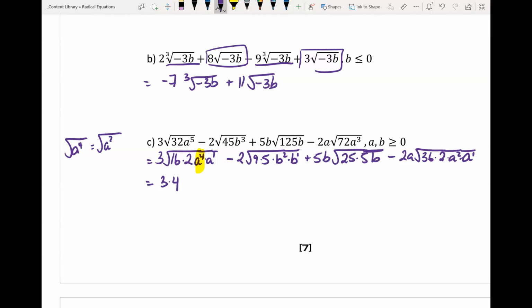And I can rewrite this as a squared times a squared as well, which is just going to be a times a if I were to take the square root of each. So then that means that we're left with just a squared if we take the square root of a to the power of 4. And then what's left inside, we have a 2a on the inside.